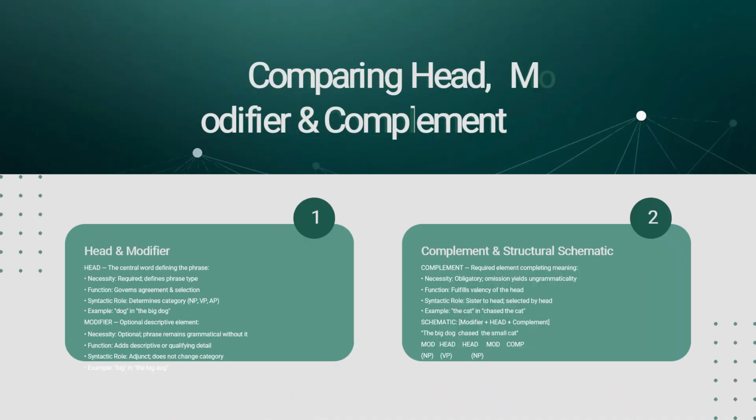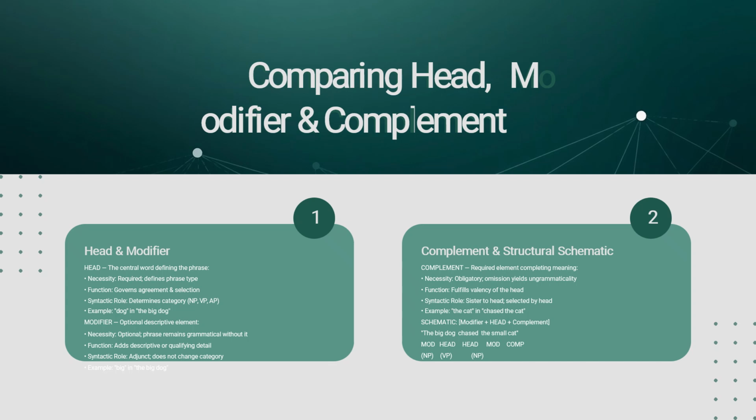So now, comparing head, modifier, and complement. Now let us compare all three concepts together. The head is necessary because it determines the phrase type. The modifier is optional and adds description. The complement is necessary because it completes the meaning. Consider this sentence.